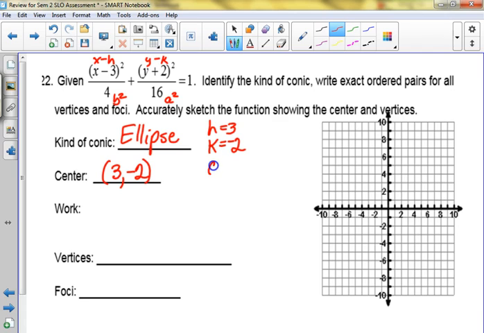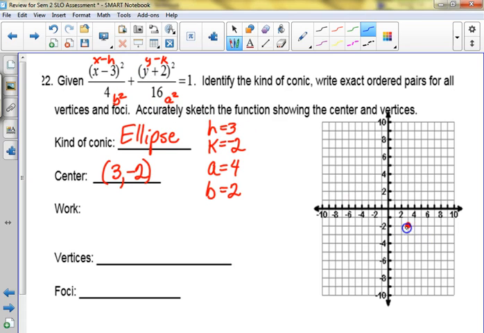What's a and what's b? A squared is 16, so a is 4. B squared is 4, so b is 2. So if I go over to 3, negative 2, what am I doing? Yes, underneath the y was the 16.